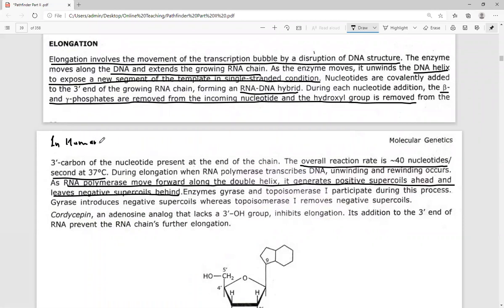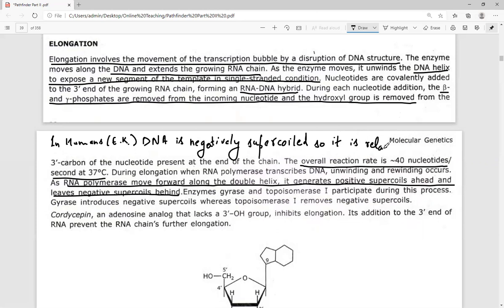In humans and eukaryotes, DNA is negatively supercoiled. So it has to be relaxed, and it is relaxed by introducing positive supercoiling.